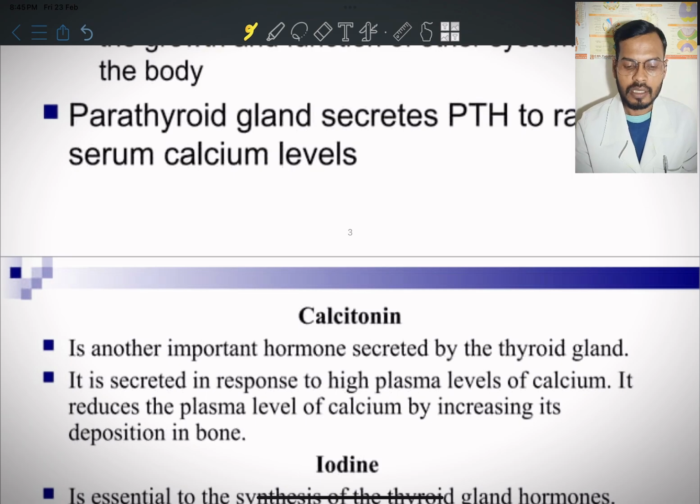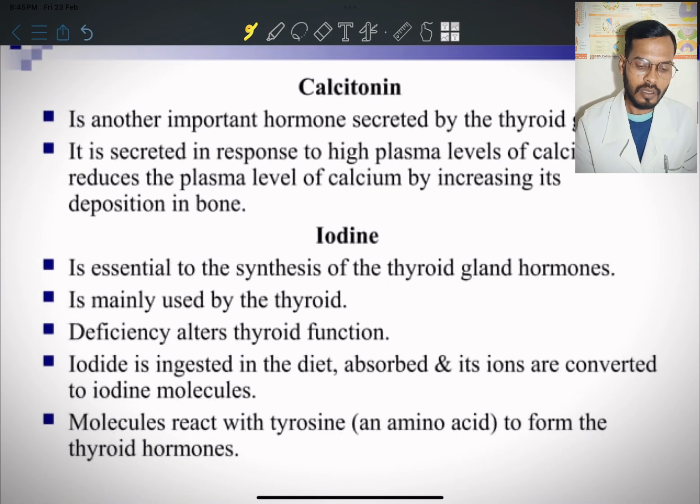The parathyroid gland secretes parathyroid hormone to raise serum calcium level. Calcitonin is another important hormone secreted by the thyroid gland, in response to a high plasma level of calcium. It reduces the plasma level of calcium by increasing its deposition in bone.